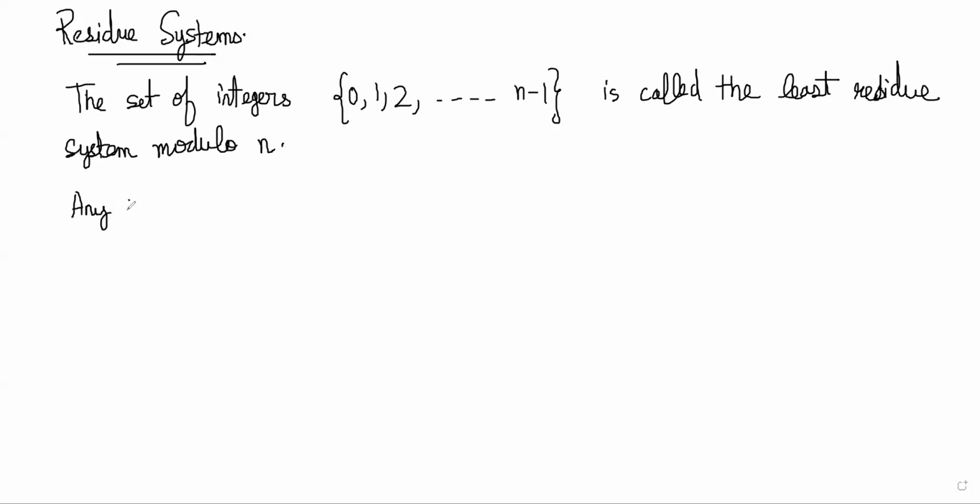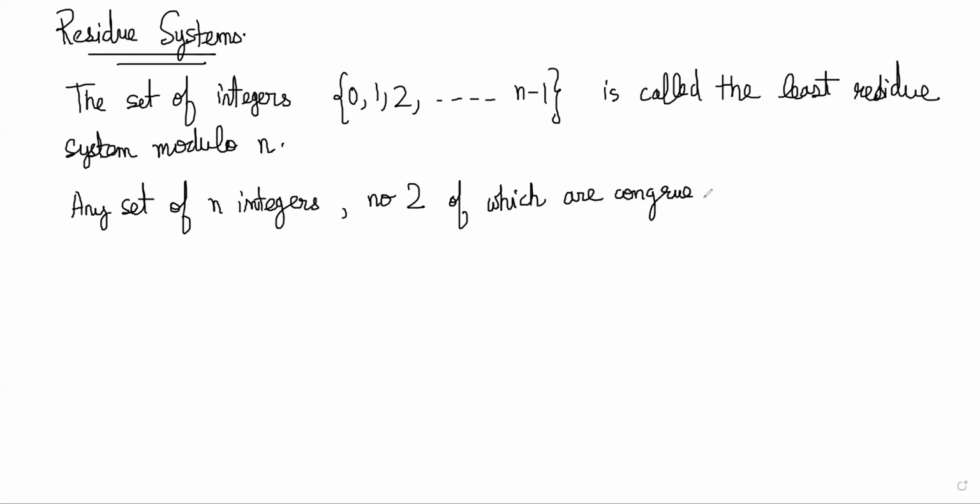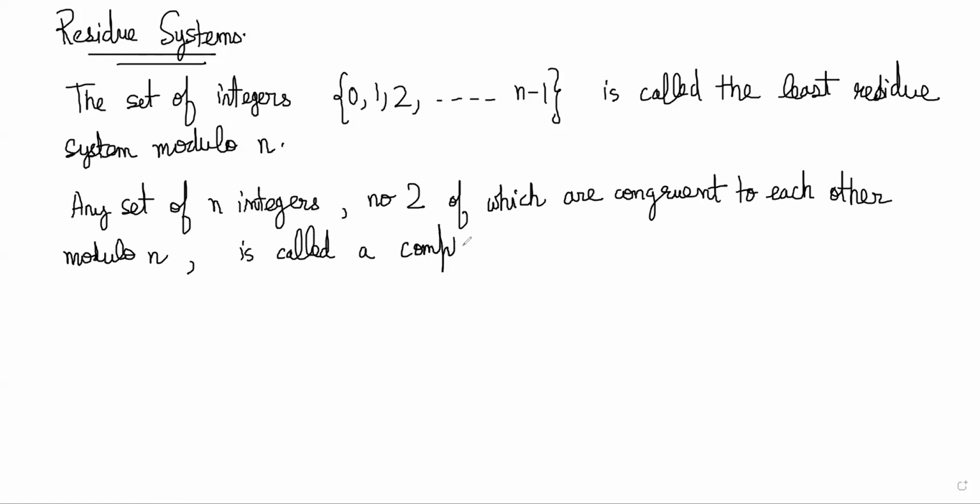Any set of n integers, no two of which are congruent to each other modulo n, is called a complete residue system modulo n.